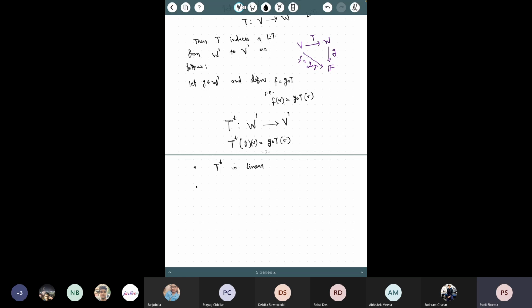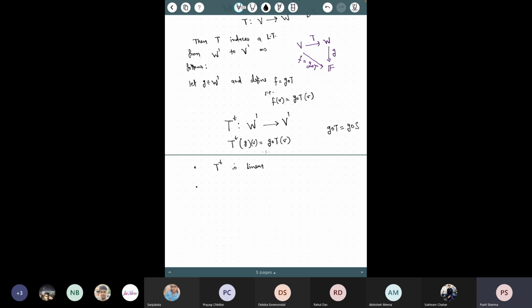Suppose there is another map, let's say S from W dash to V dash, that sends g to f using g composition S. But the composition is unique with a function.